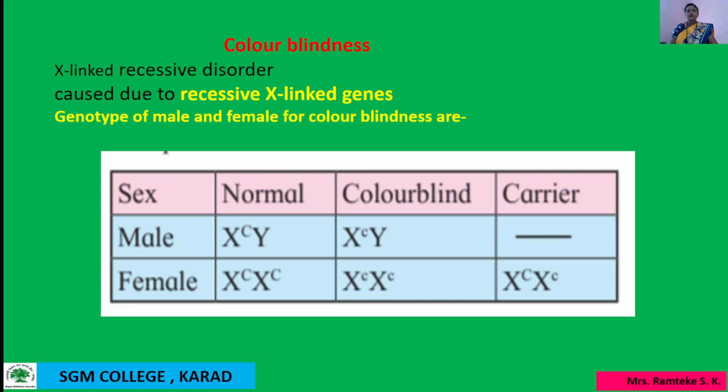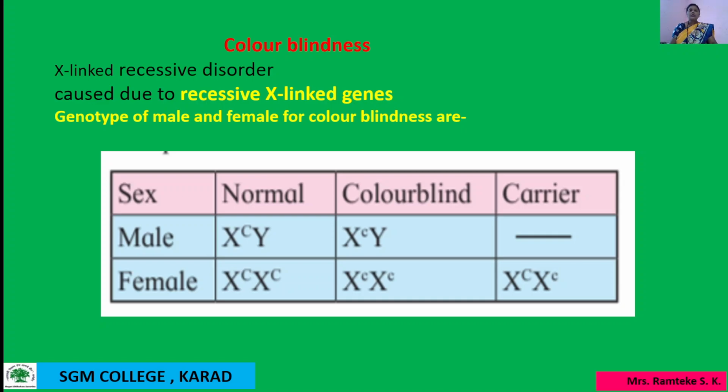So again here is unable to distinguish between red and green color. The frequency of colorblind women is much less than colorblind men. Okay, so the dominant X-linked gene, that is the XC, is necessary for formation of color sensitive cells, okay, in the retina of the eyes.